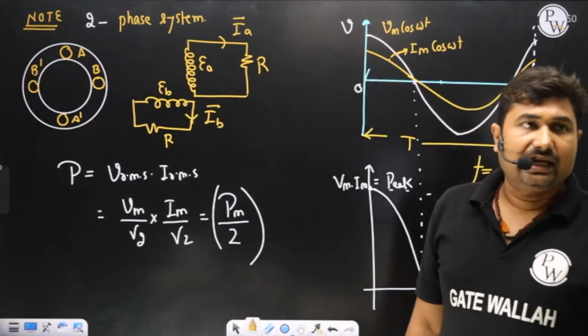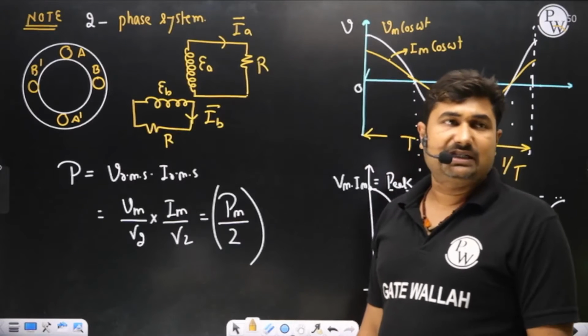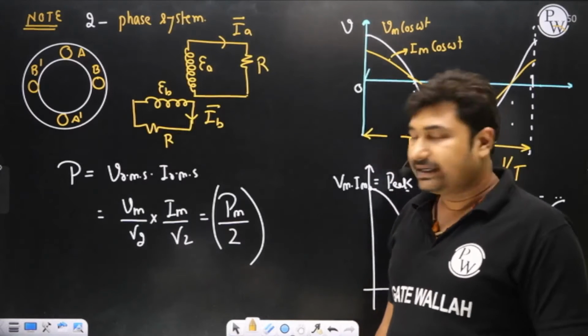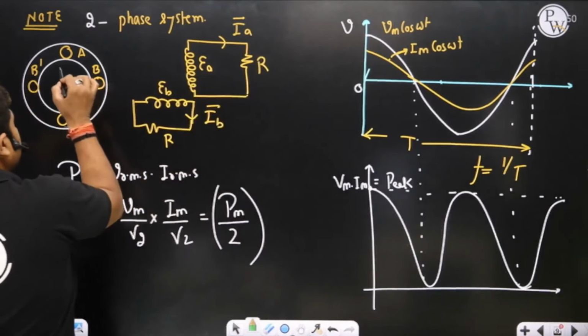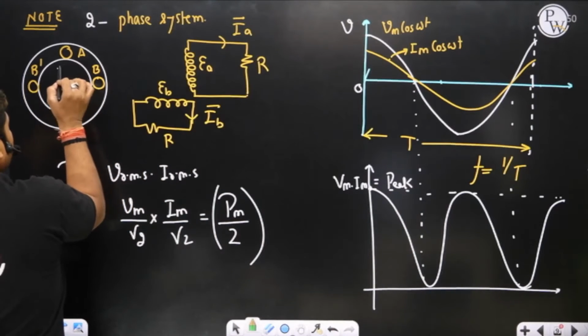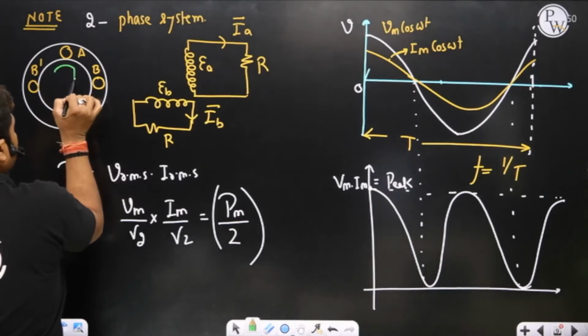It means AA dash and BB dash are displaced in space by 90 degrees. Suppose we have a two-pole machine.